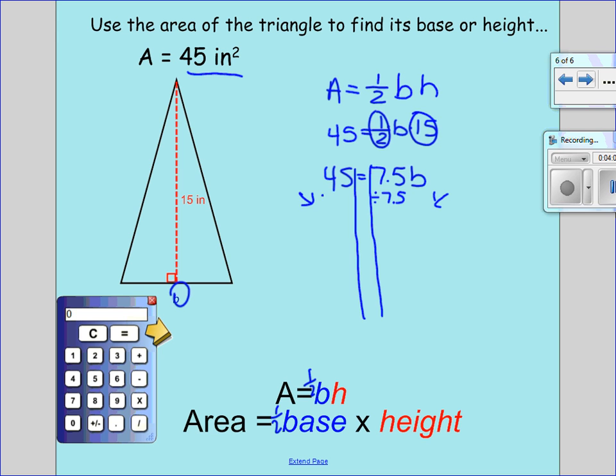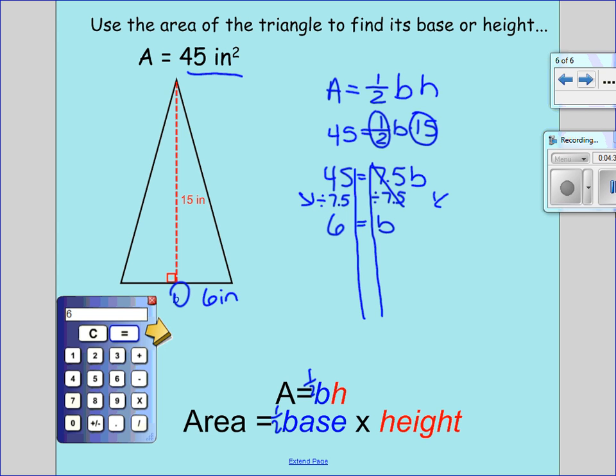Whatever we do to one side, we have to do to the other. So 7.5 times b divided by 7.5 cancels out to 1, so we have b. 45 divided by 7.5, and we can use our calculator for that, equals 6. So our base equals 6 inches.